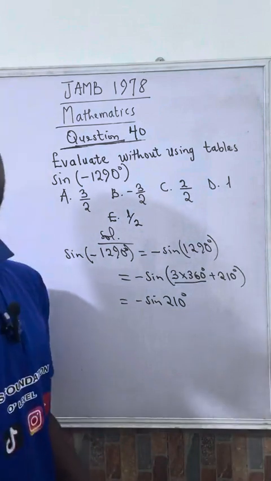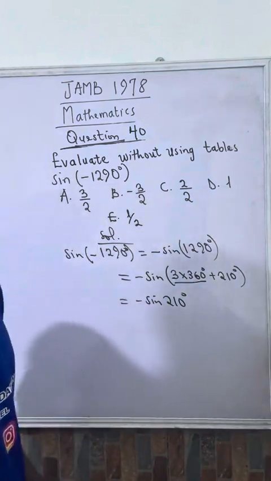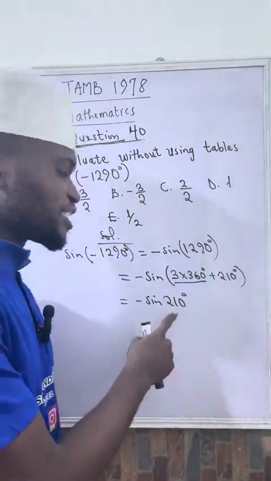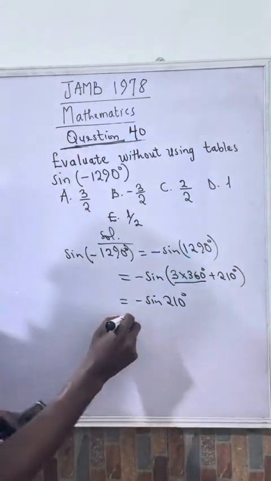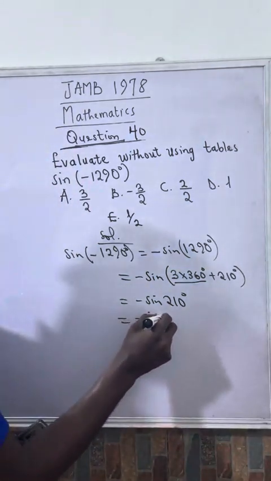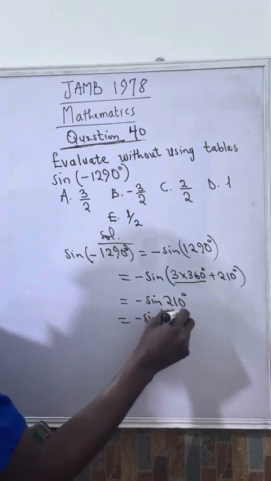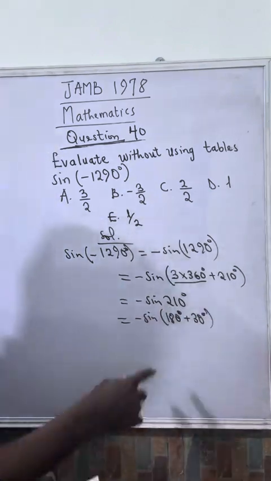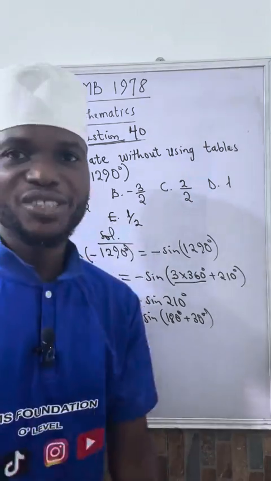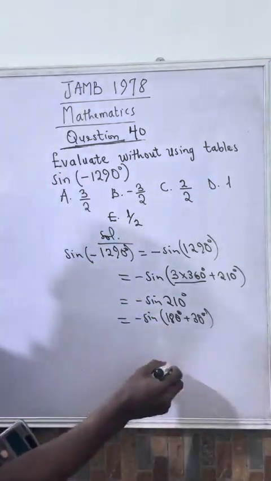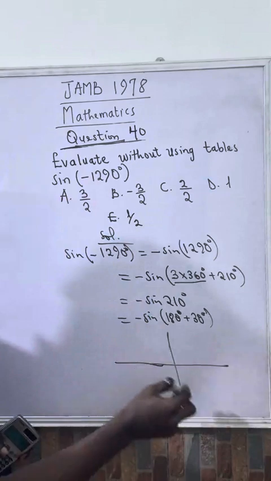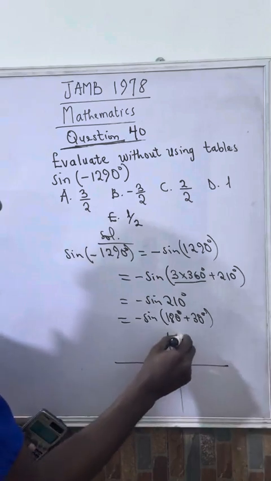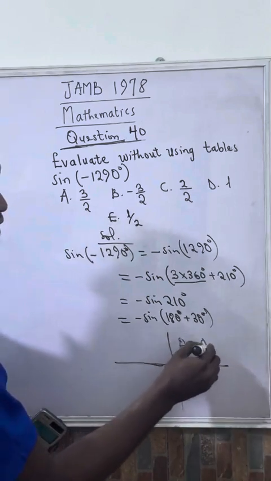Sine 210 is just like saying sine of 180 plus 30, since 180 plus 30 gives 210. So let me rewrite it as negative sine of 180 degree plus 30 degree. This falls in the third quadrant. If I draw the 4 quadrants, the first is acute angle where theta is less than 90 degree.